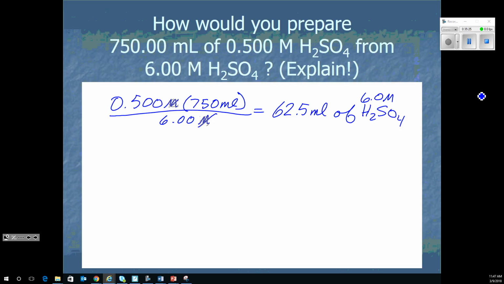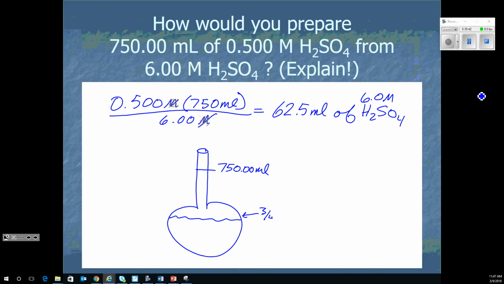Okay, so it wants to know how I would make that. The first thing I would do would be get a volumetric flask that had 750.00 milliliters. I would fill that 3/4 full, so number 1, number 2, with distilled water.